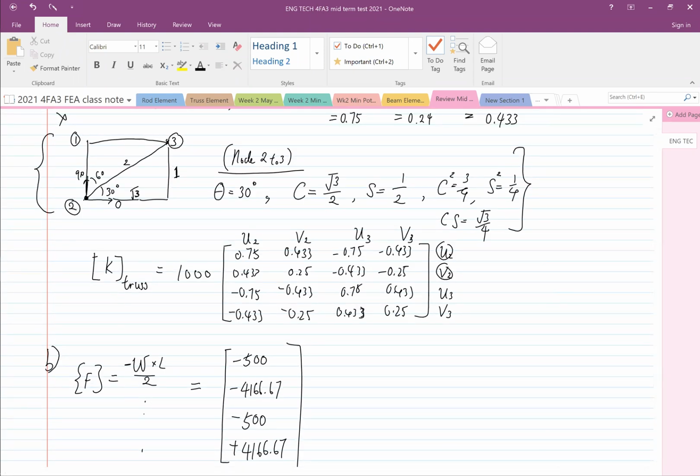Why I say that is because if you go from node 3 to 2, those numbers will be interchanged. I think I got them the same. Let me check. Anyways, I don't think I deducted anything, but in the future, move from nodes 2 to 3 and start from there.